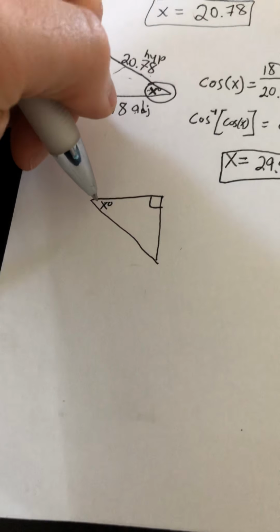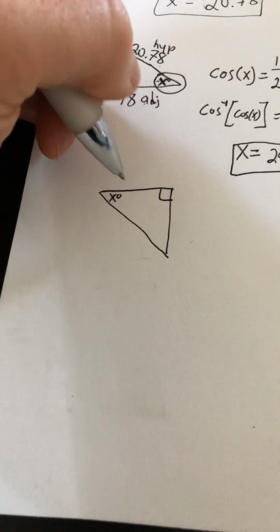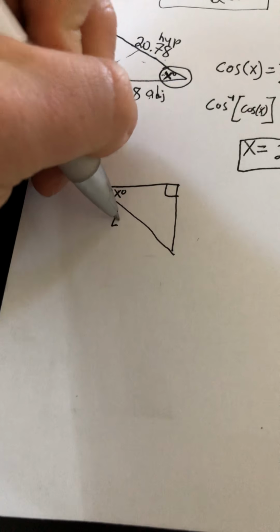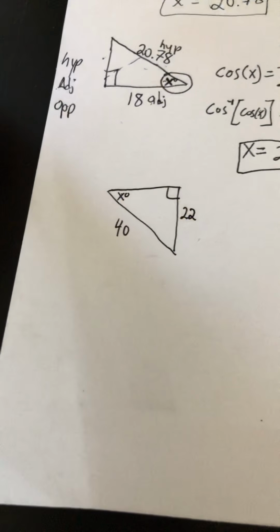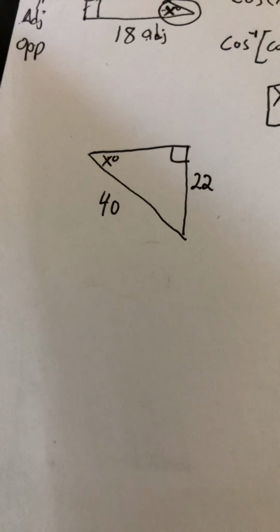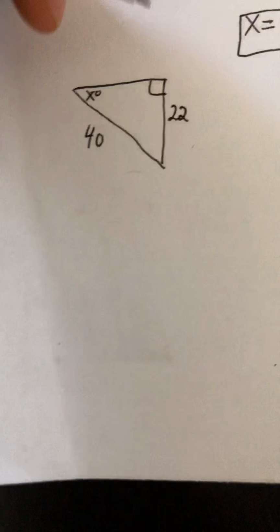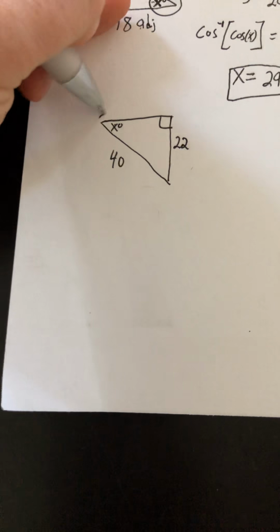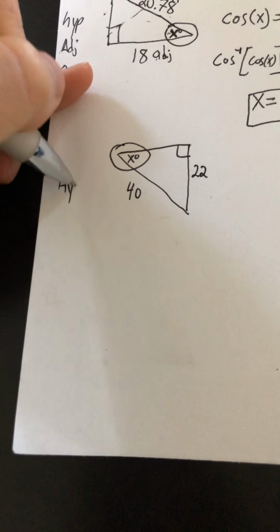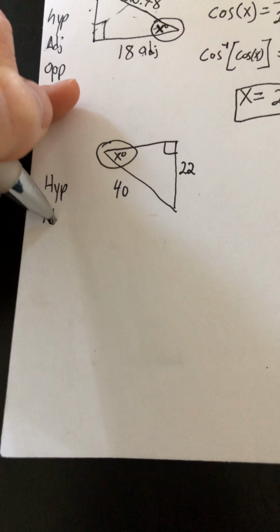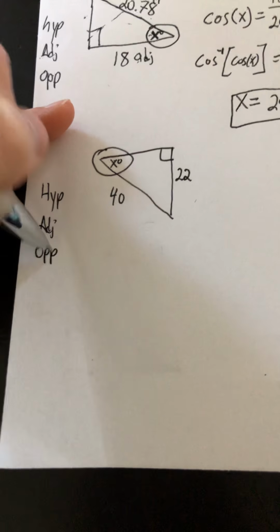So I'm drawing my new right angle. I'm gonna put that as X. Let's say we've got 40 and 22. Okay, so we'll still identify our angle we're looking for, our X degrees. We're gonna see if we have the hypotenuse, the adjacent, or the opposite.